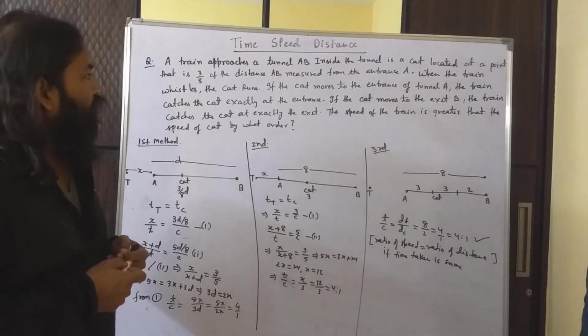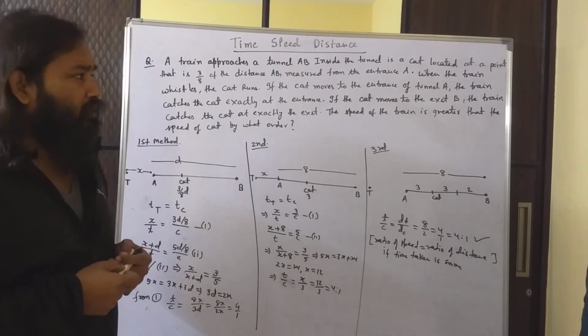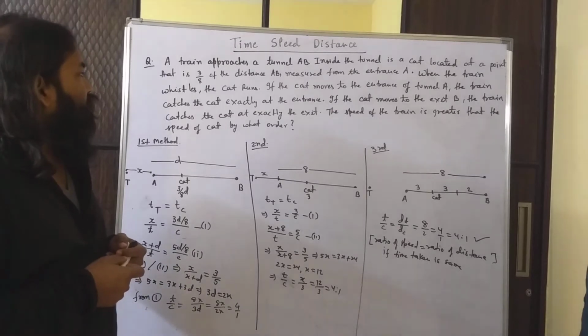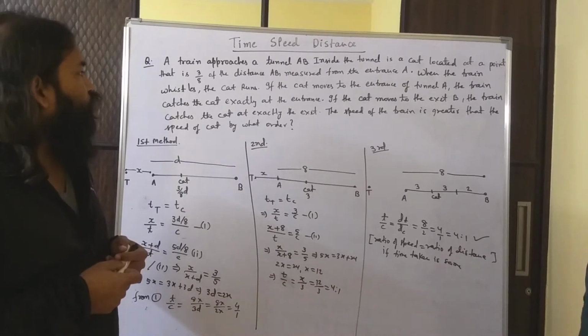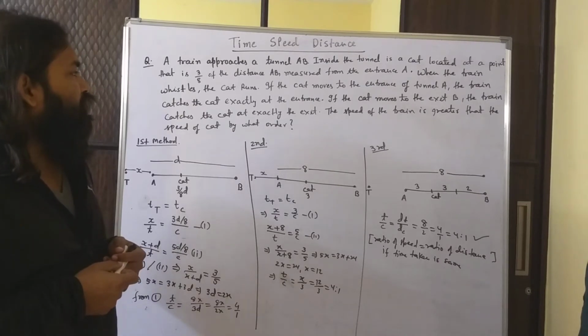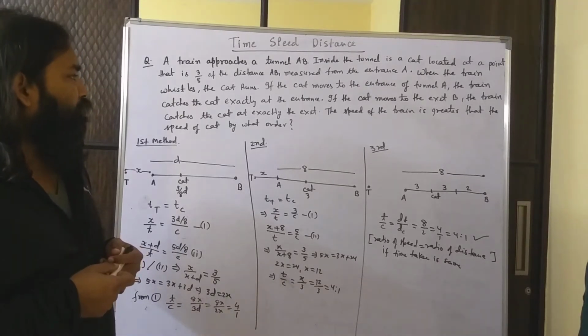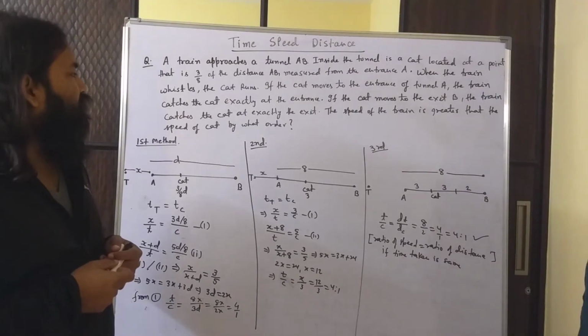Okay. So I'll read out the question first, right? Let's begin. There is a train which approaches a tunnel AB. Inside the tunnel is a cat located at a point that is 3/8 of the distance AB measured from the entrance A. When the train whistles, the cat runs.